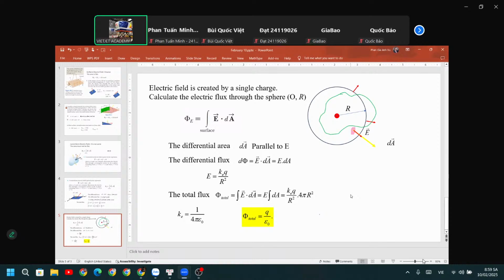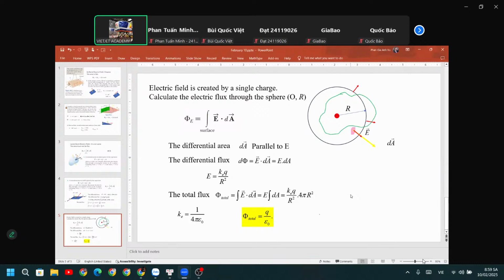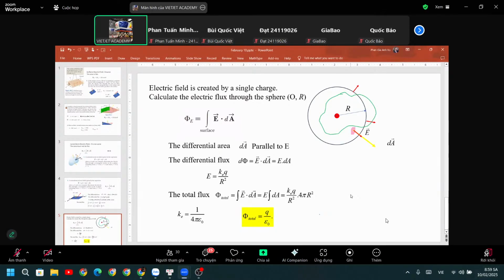The Gauss law states that if you calculate the electric flux through the closed surface, it will be equal to the sum of all the charges inside the surface divided by epsilon zero.